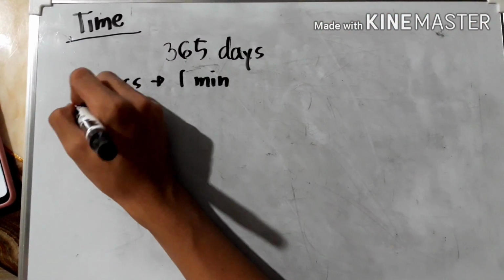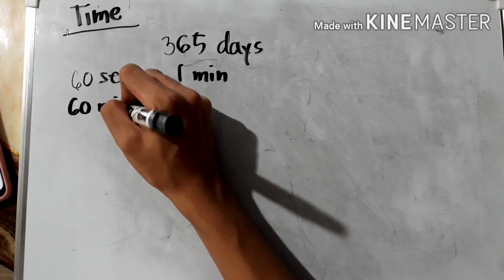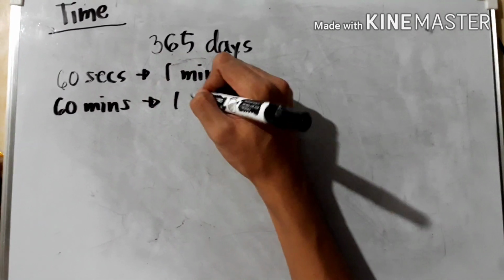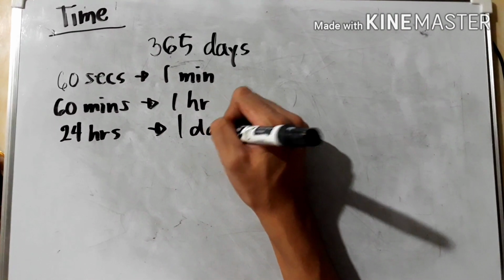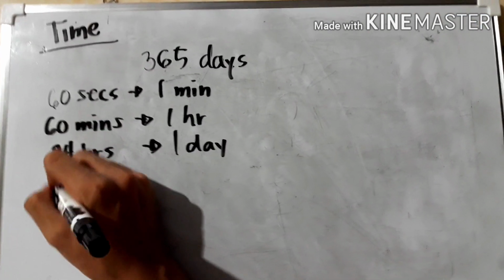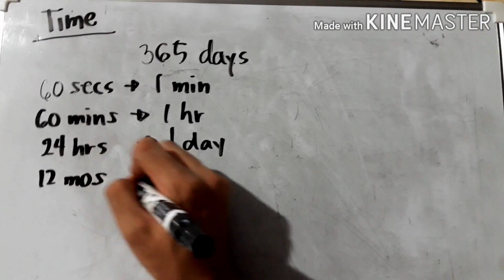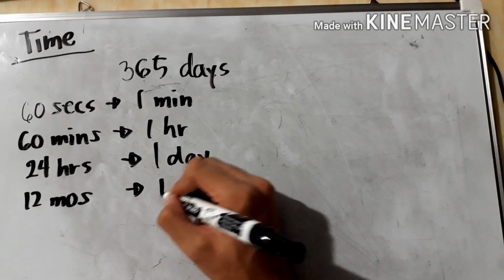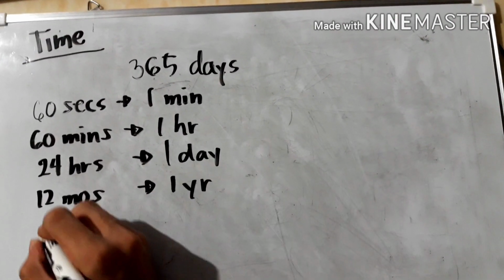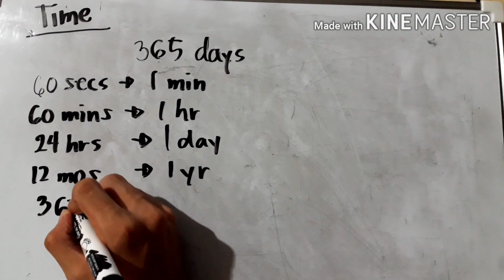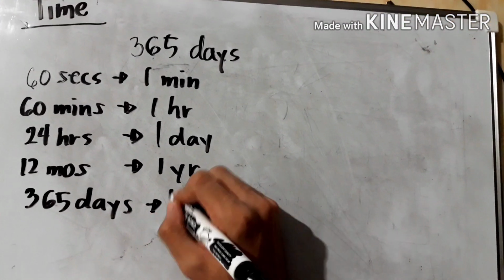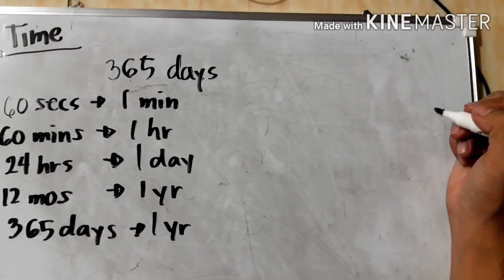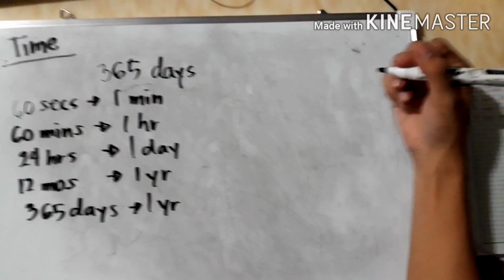Then, yung 60 minutes is katumbas ng 1 hour. 24 hours ang meron sa loob ng isang araw. Then, 12 months ang katumbas ng isang taon. Then, sa isang taon, meron tayong 365 days. So, yan yung mahalagang conversion natin when it comes to time.